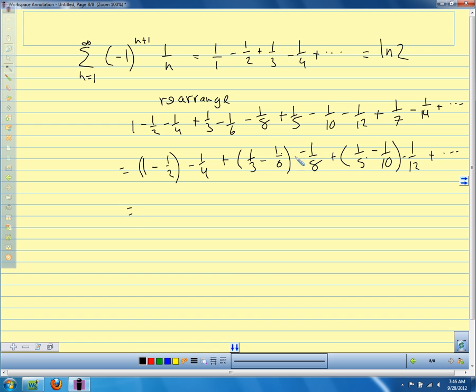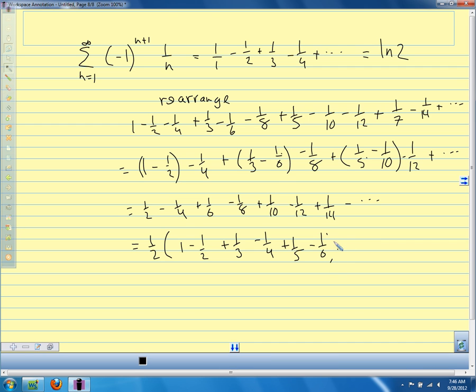And now I'm going to sum up these in the parentheses. This is 1/2 minus 1/4 plus 1/6 minus 1/8 plus 1/10 minus 1/12 plus 1/14 minus dot dot dot. This equals 1/2 times (1 minus 1/2 plus 1/3 minus 1/4 plus 1/5 minus 1/6 minus dot dot dot).